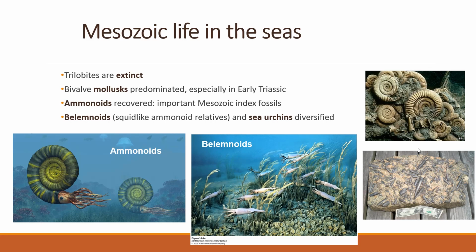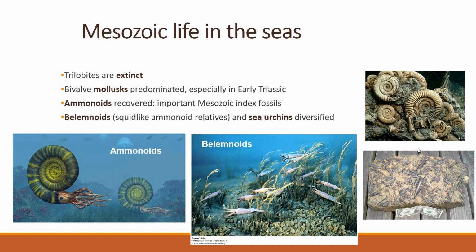So in the Mesozoic, again, middle life, after that massive die-off at the end of the Permian, we now have a new diversification of life in the seas. Trilobites are now extinct. They had been around for a long time. A lot of bivalve mollusks are going to predominate, especially in the early Triassic.